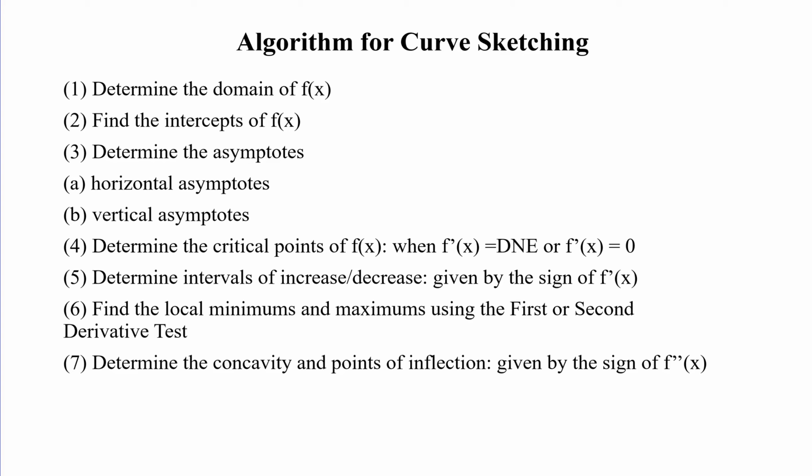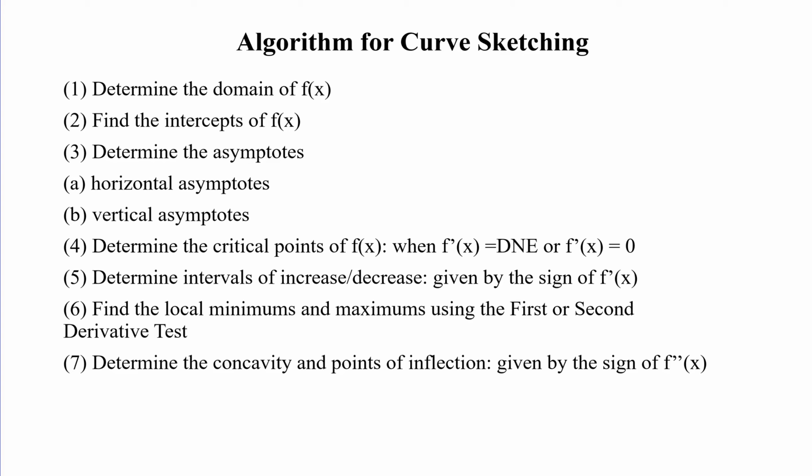Then the third thing to do is to find the asymptotes, so you have your horizontal asymptotes and vertical asymptotes, which we covered on how to determine. The fourth thing you want to do is determine the critical points of f of x, when f prime of x does not exist or when it's equal to 0.